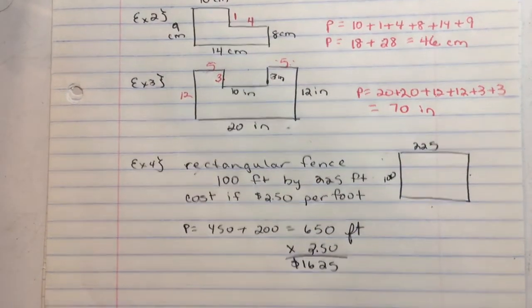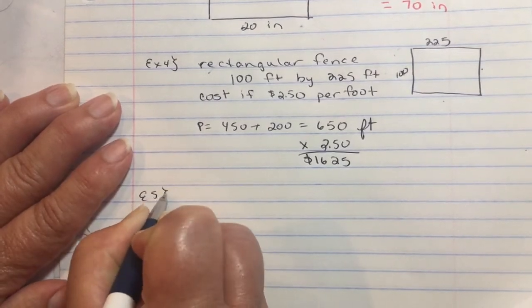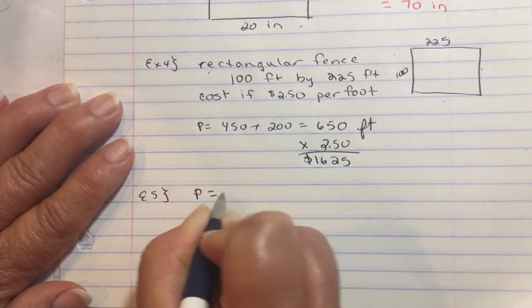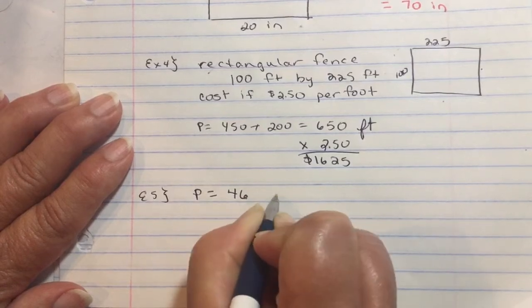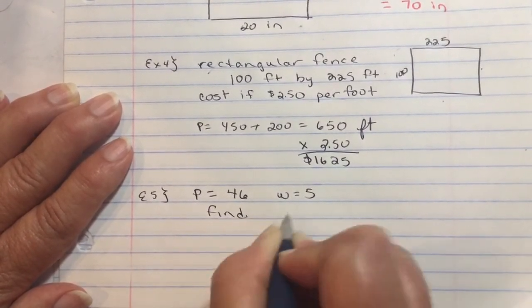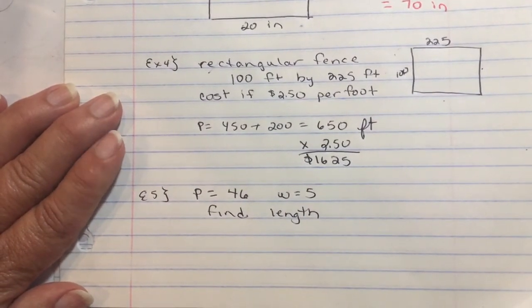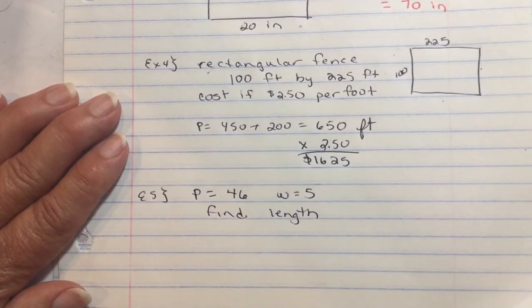All right, one last example today. We're going to give you a working backwards example. So in this case, we're going to be given that we have a perimeter of 46 and a width of 5. Our mission is to find the length. Well, all the sides have to add up to 46.